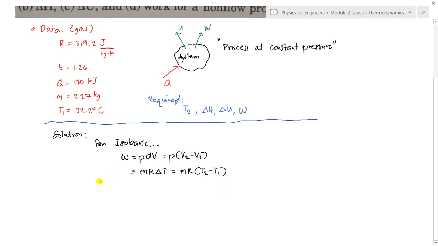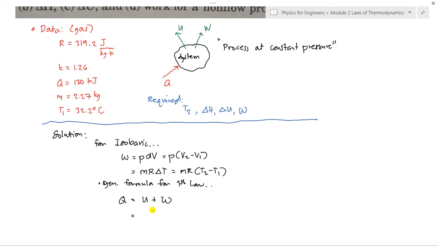So using the general formula for the first law. General formula for the first law, diba? We have Q is equals to U plus the internal energy. So that is our ato ang U ani.